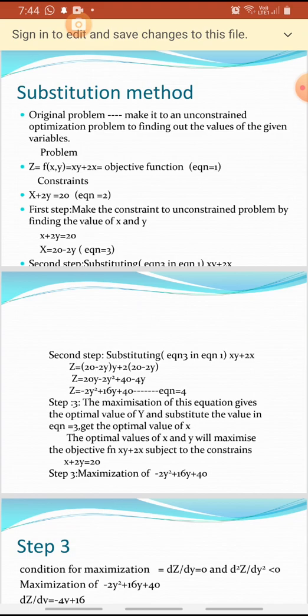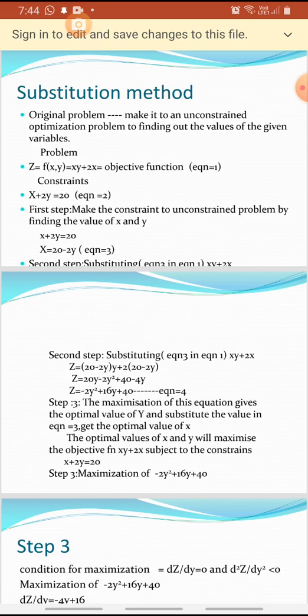So in the place of x, we write 20 minus 2y, in brackets: z is equal to (20 minus 2y) times y plus 2 times (20 minus 2y).